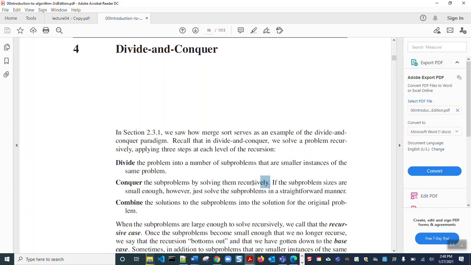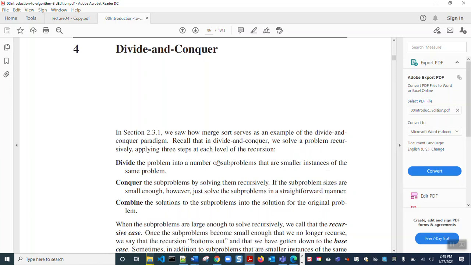That means we divide the large problem into smaller and smaller subproblems, and then in the conquer process the next step is to solve each of the subproblems recursively. If the subproblem sizes are small enough, just solve the subproblems in a straightforward manner.